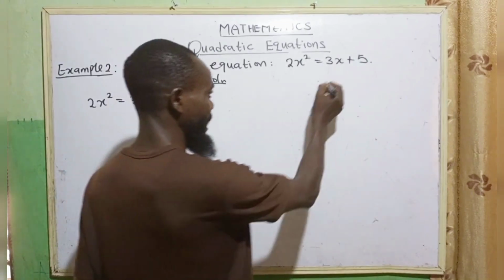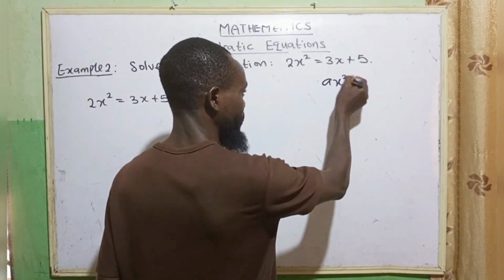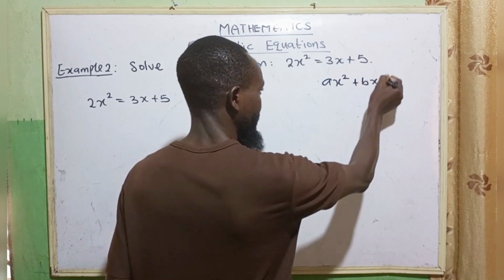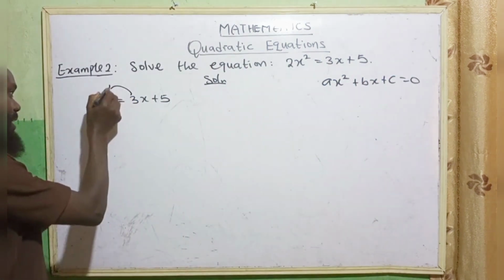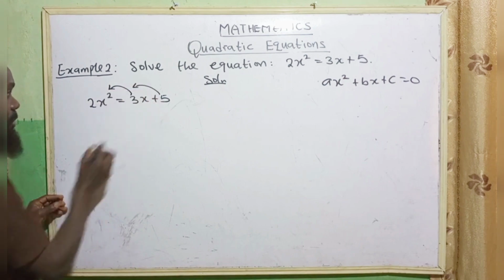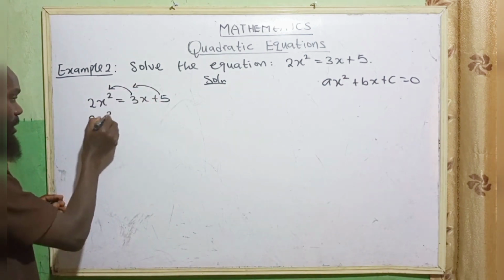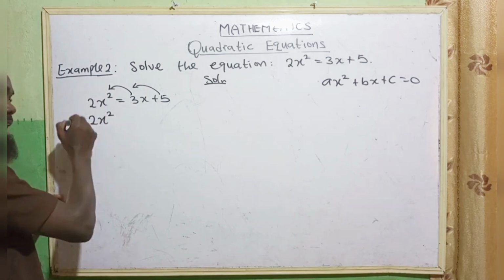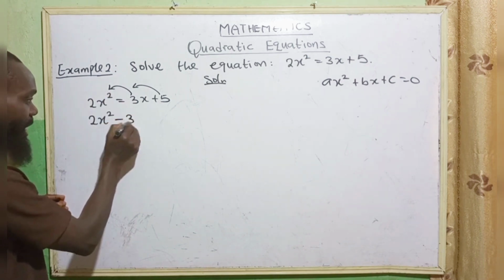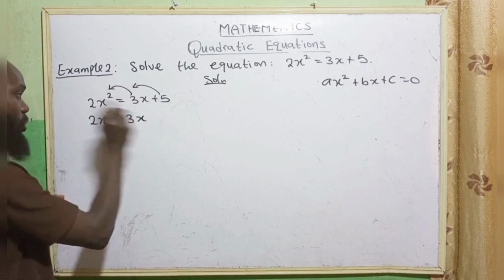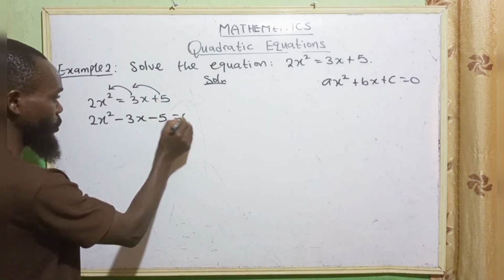The general formula that says ax squared plus bx plus c equals to 0. Meaning you take this 3x in, plus 5 in. So we have 2x squared. When this positive is coming in, it changes to minus 3x. When this one is plus, it changes to minus 5 equals to 0.